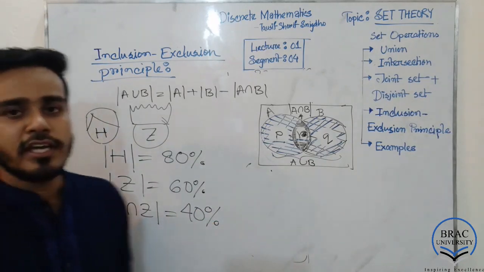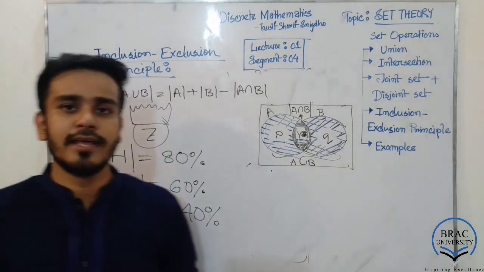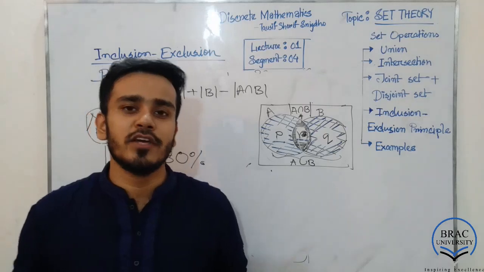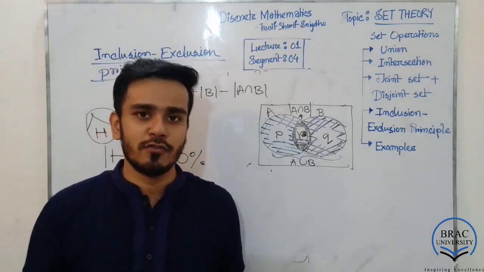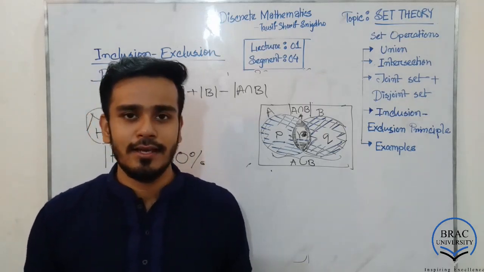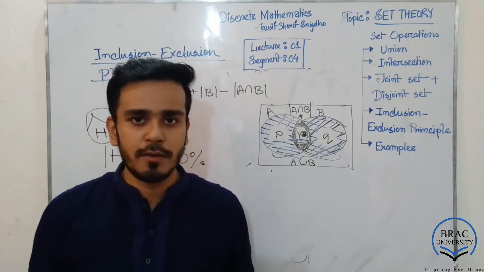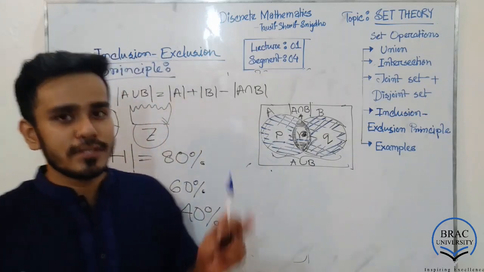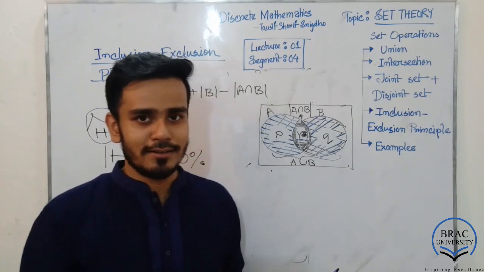So if you are asked to determine what percentage of BRAC University students are either a fan of hero alum or Zaid Khan, it means you will have to determine the cardinality of the set H union Z, right?